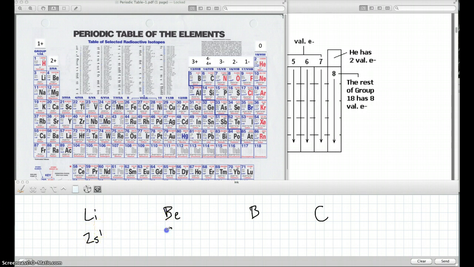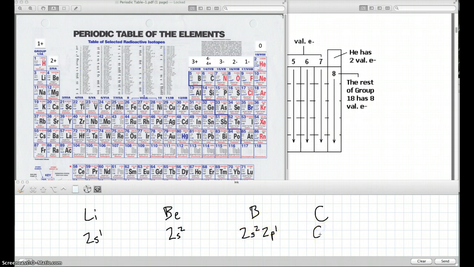Beryllium would end in 2s2, meaning, again, in the second energy level, there are 2 electrons. Boron would look like 2s2, 2p1, so 3 valence electrons total here in the outermost ring for boron.